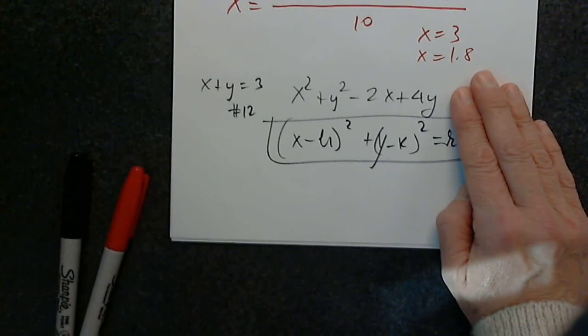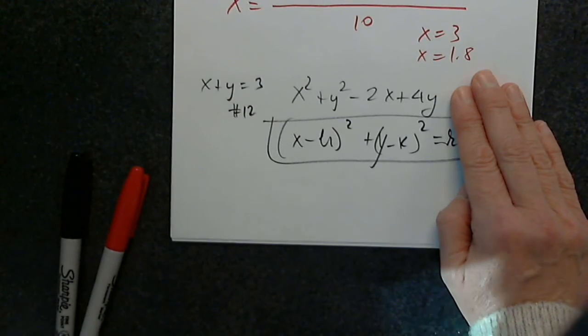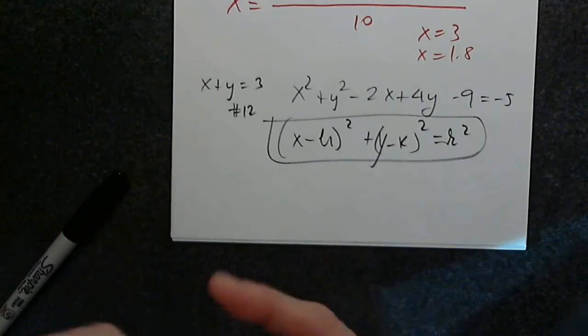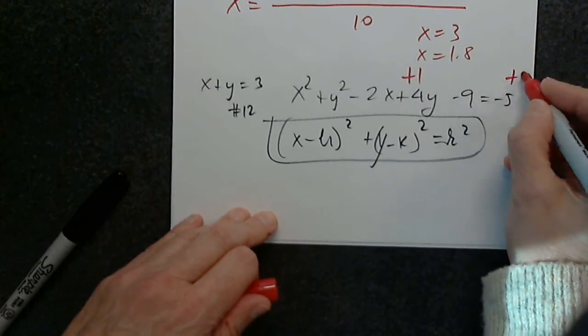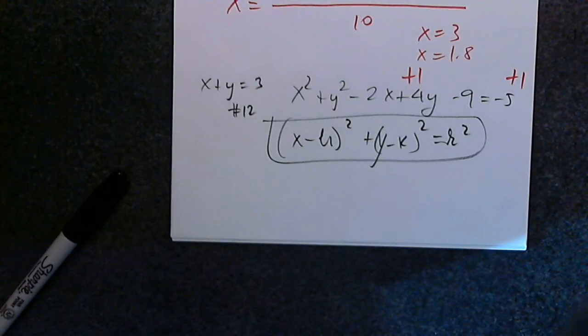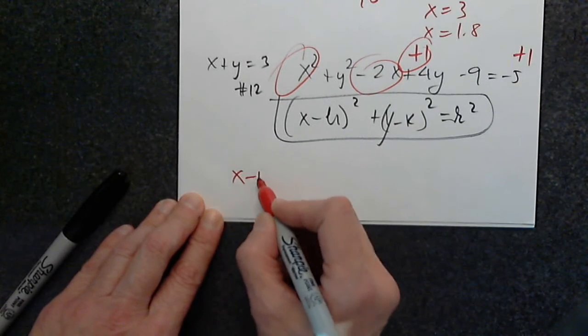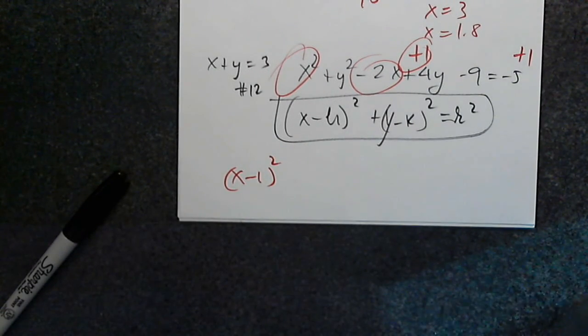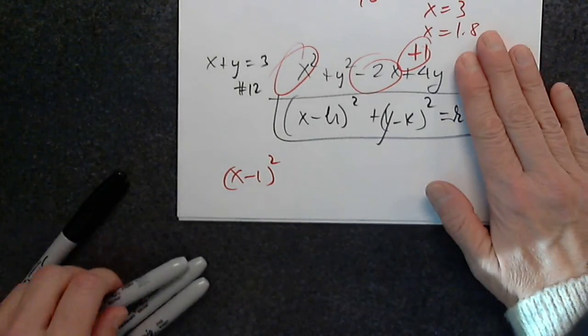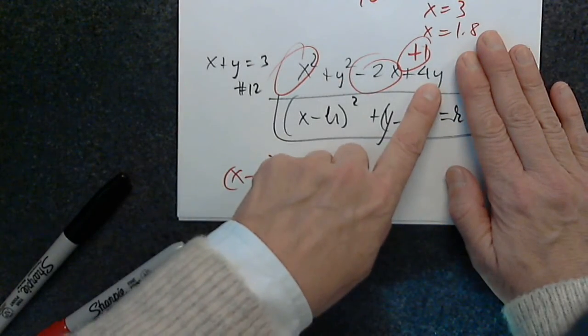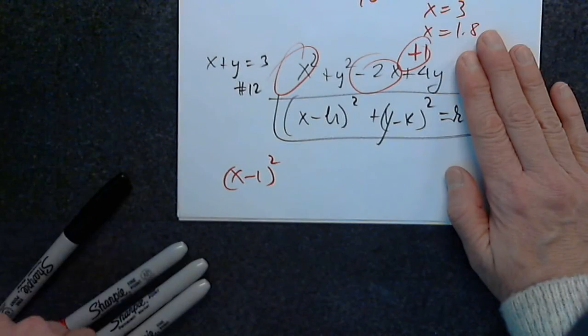Negative 2 divided by 2 is negative 1. Negative 1 squared is 1. The procedure of completing the square: we're adding 1 to both sides. So then this term and this term and this term is (x minus 1) squared. Right? Now we complete the square with y. y squared plus 4y. What do I need to add to both sides?